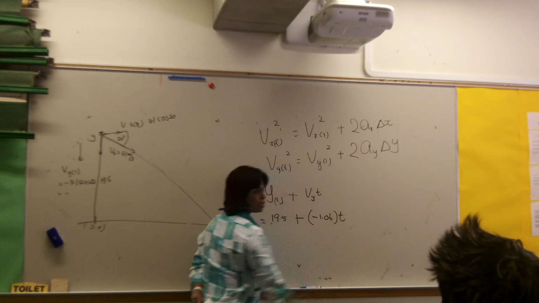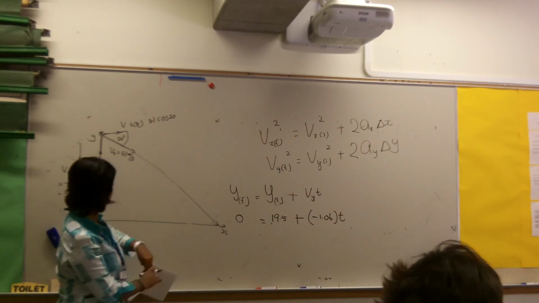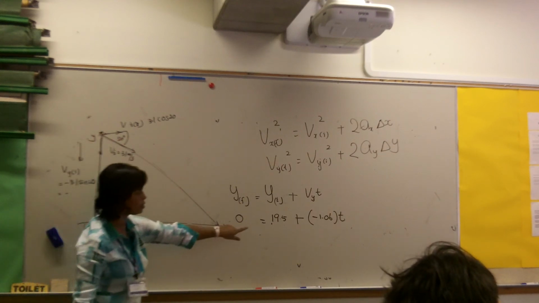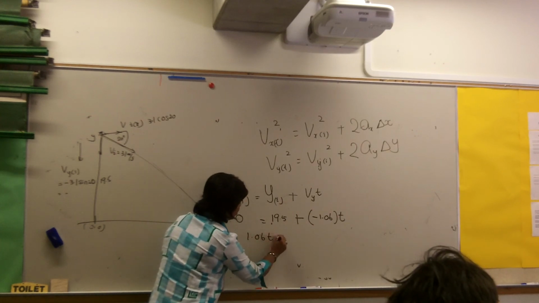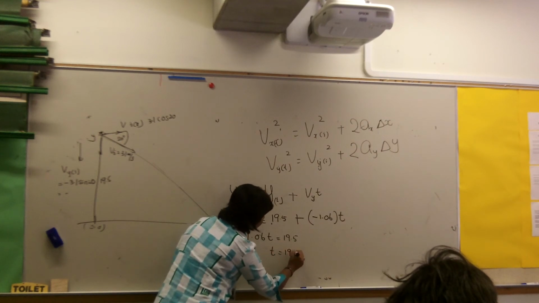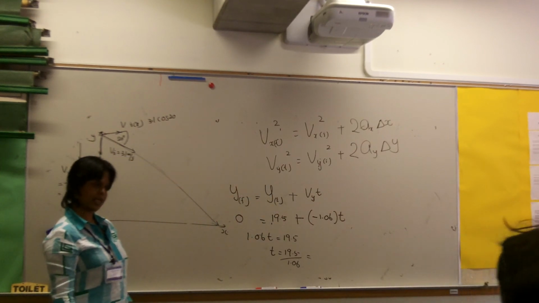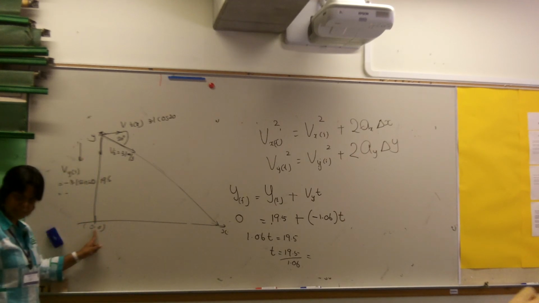So we can calculate the t. For the eagle to come down to here, this is the time. So you are saying 1.06 t is equal to 19.5. You can find the t now. Is that clear to you guys? Because we make our 0, 0 here. That's the reason.